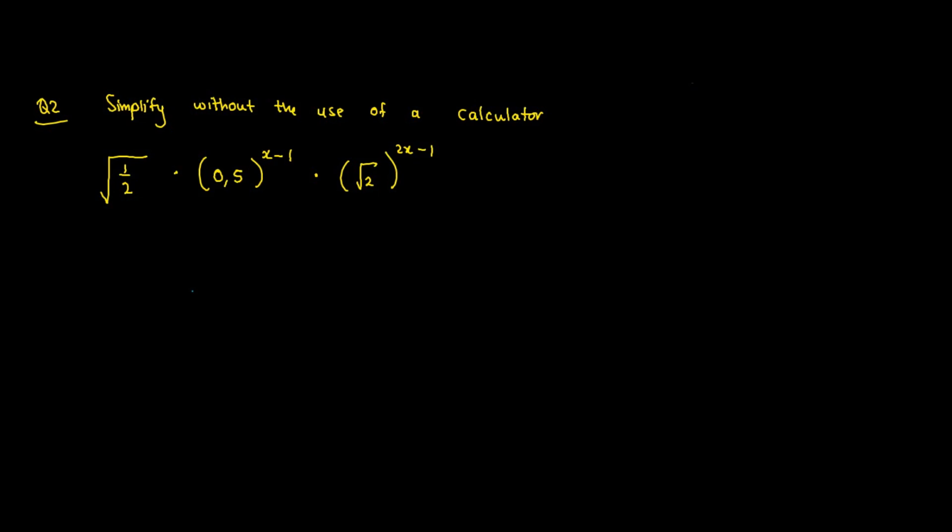Okay, so first things first, if I look inside the square root, I can see a half. I can rewrite a half as an exponent, which will be the square root of 2 raised to the power of negative 1. What law of exponents am I applying?